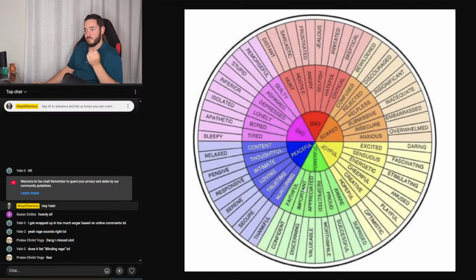A lot of times people are feeling so much that they can't even put their finger on what it is that they're really feeling. And if you can't put your finger on it, then you can't start to identify the source. So the more specific you can be about what emotion it is that you're feeling in the situation, the better you're going to be able to come up with a new way to deal with the situation.